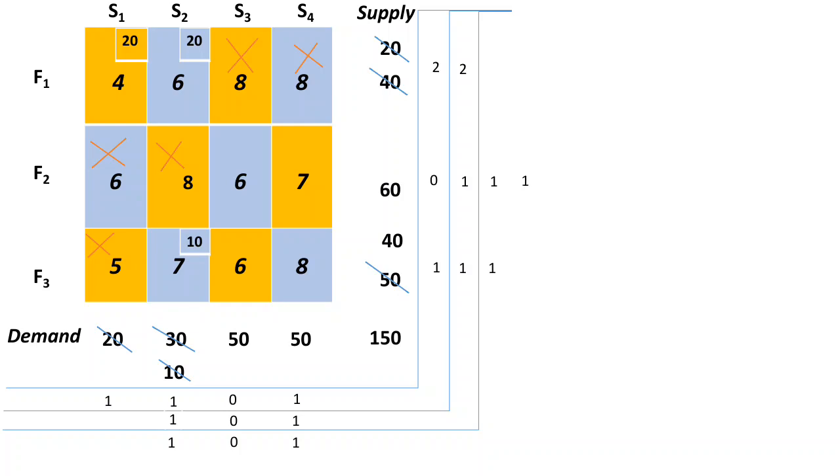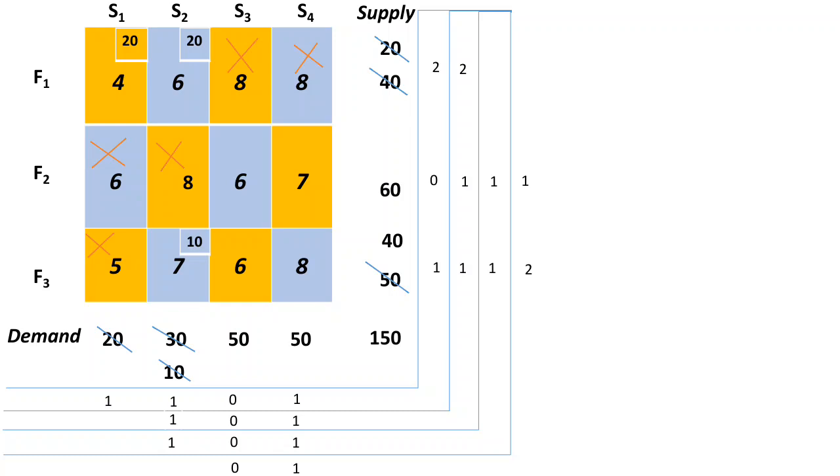Again we have to calculate the penalty here. So for row 2 it is 7 minus 6, 1. For row 3 it is 2. For column 4 1 and for column 3 0. So the max value is 2 here. So first of all we allocate for the least cost value, which is 6 here, and corresponding to 6 the supply value is 40 and demand value is 50.